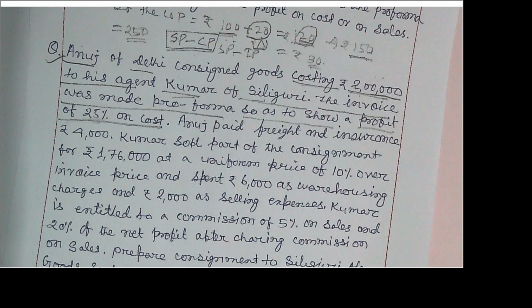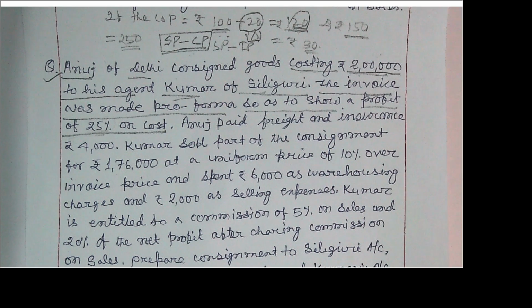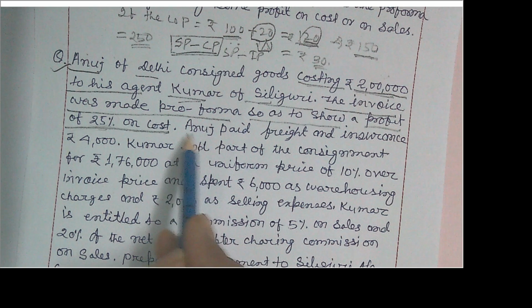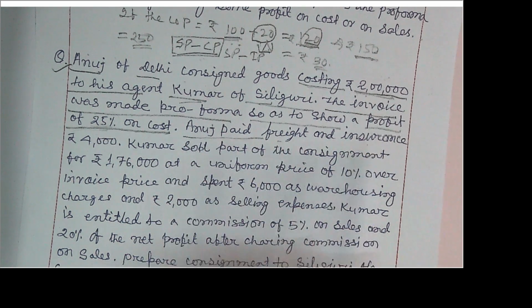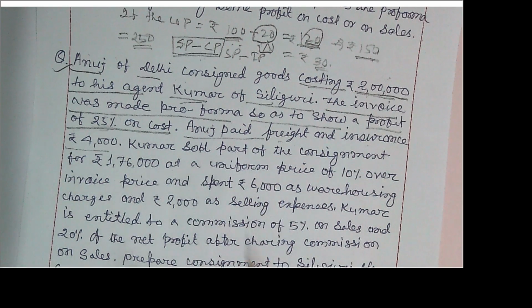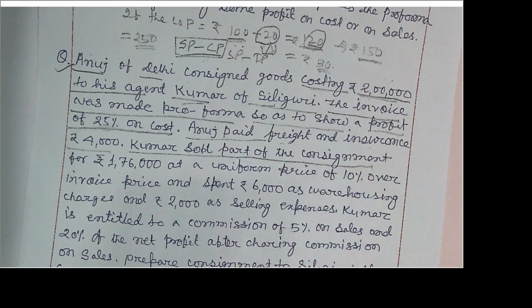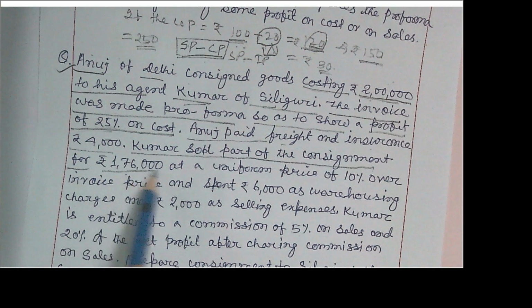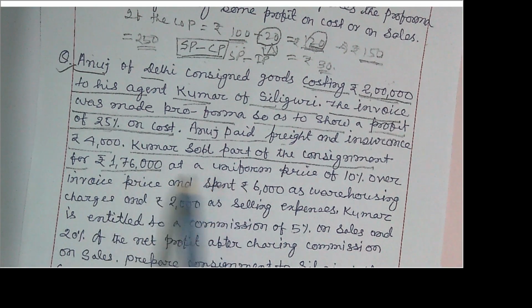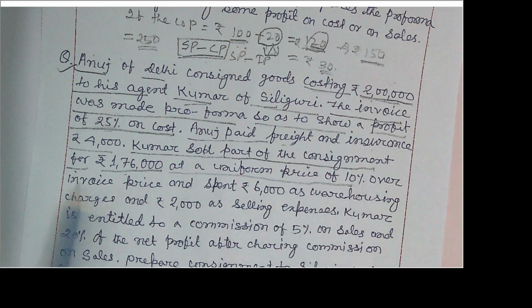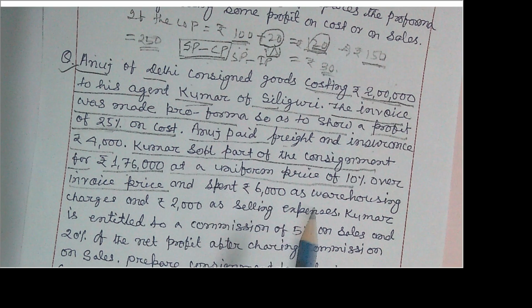Now again I am going to show you the questions one by one. So you see that Anuj paid freight and insurance of rupees 4,000. This is the consignor's expenditure. And Kumar sold part of the consignment for 1,76,000 at a uniform price of 10% over invoice price.